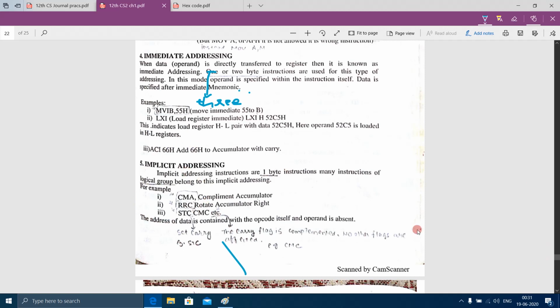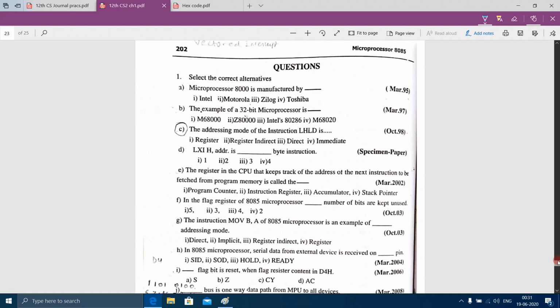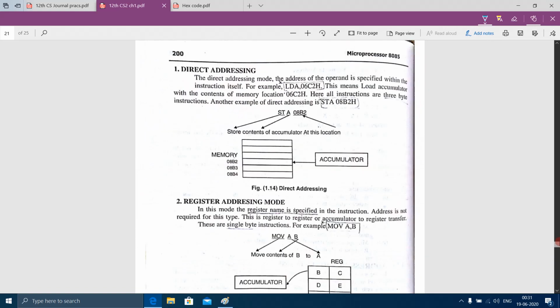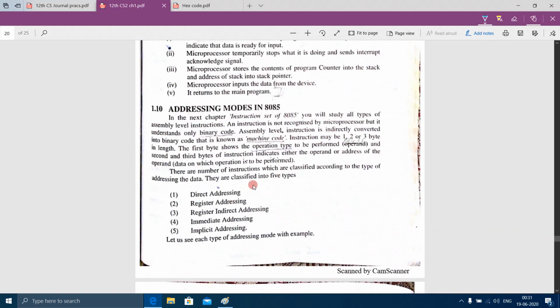So how are the instructions classified into addressing modes? If you read the sentence, there are a number of instructions which are classified according to the type of addressing the data. How the instruction addresses the data determines the classification.